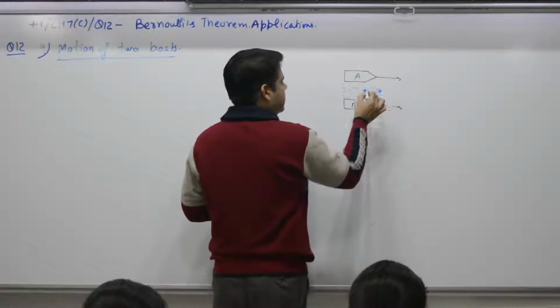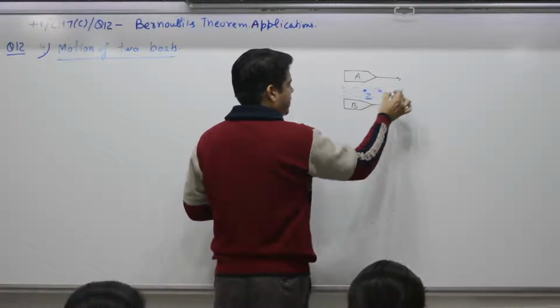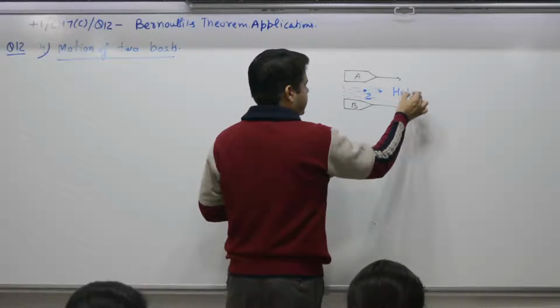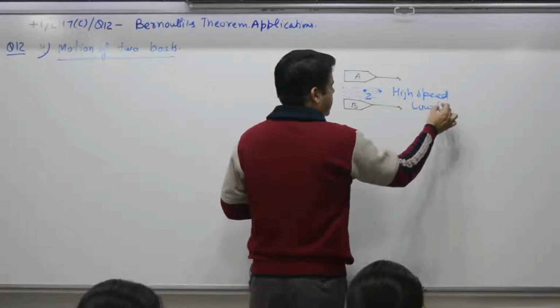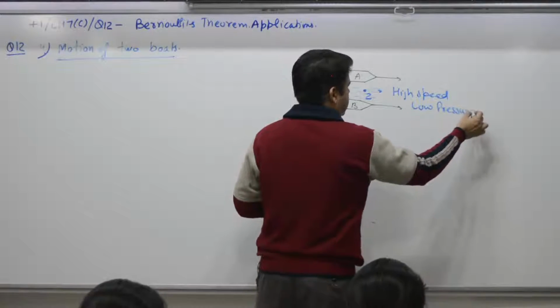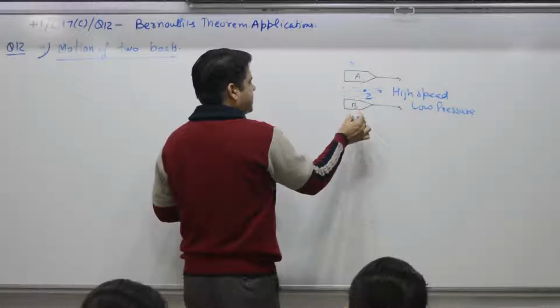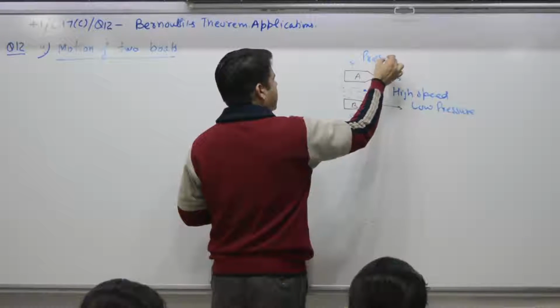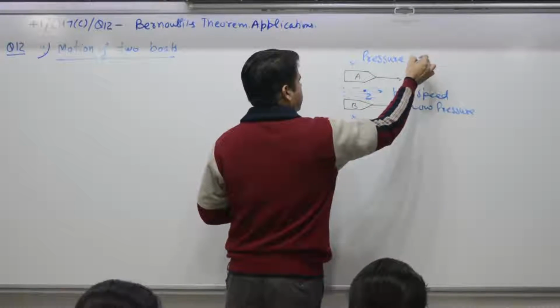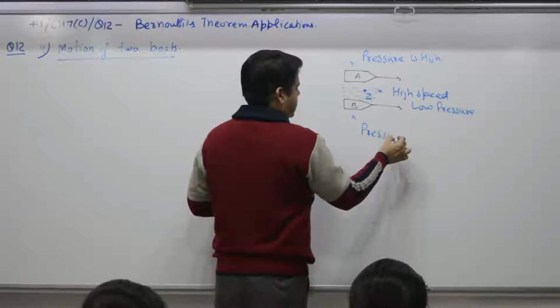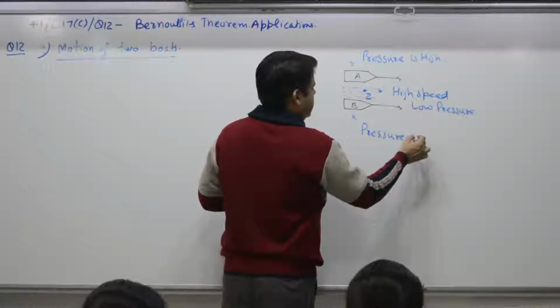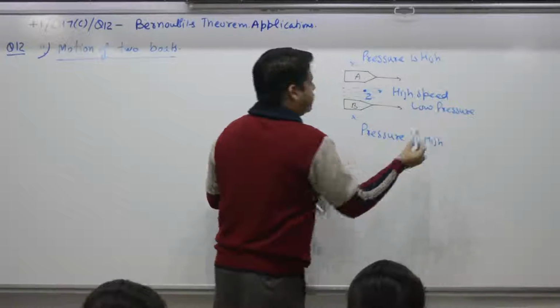So at this point, point number 2, is high speed. Means what? Low pressure. And at these two extremes, pressure is high. What is the outcome?